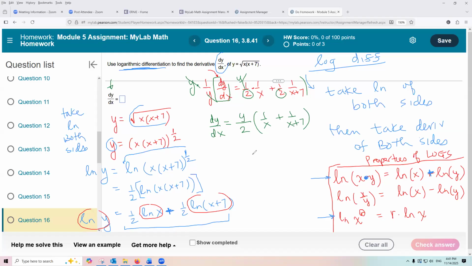All right, now I'm going to do a little bit of algebra because I want to add these two fractions together. And to do that, I can get a common denominator. Let me erase this here for a little more space.